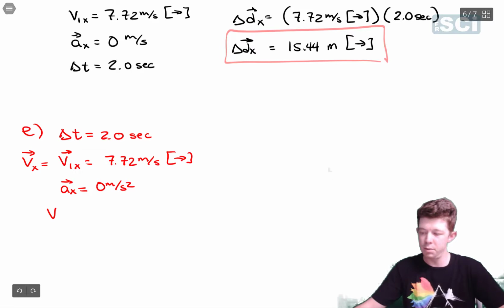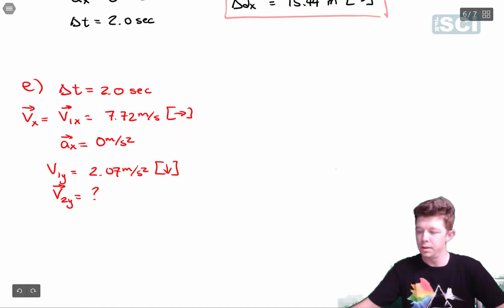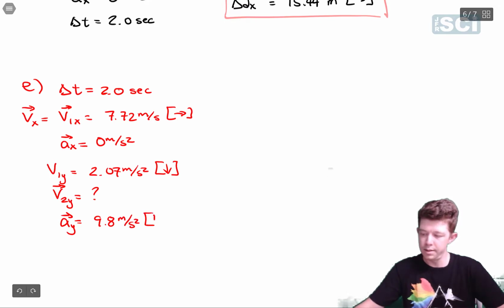That can't be said about my velocity in the y direction. My velocity in the y direction was originally 2.07 meters per second, and it was down. It's going to have accelerated in the y direction because of acceleration due to gravity. So the gravity is going to be 9.8 meters per second squared downwards.